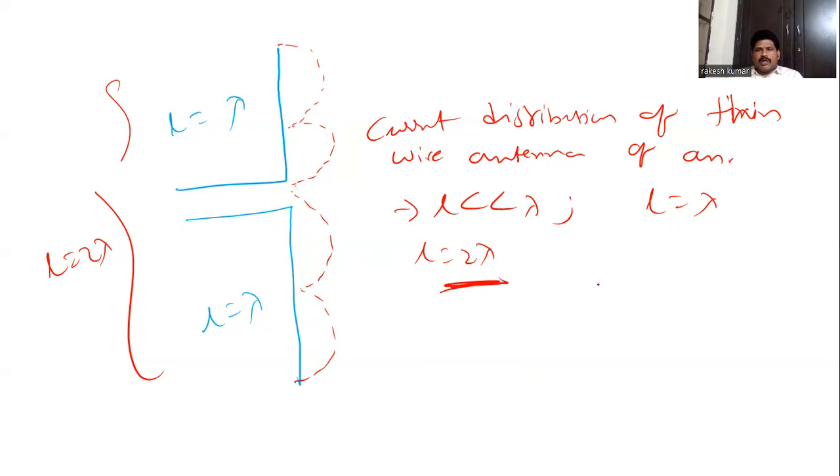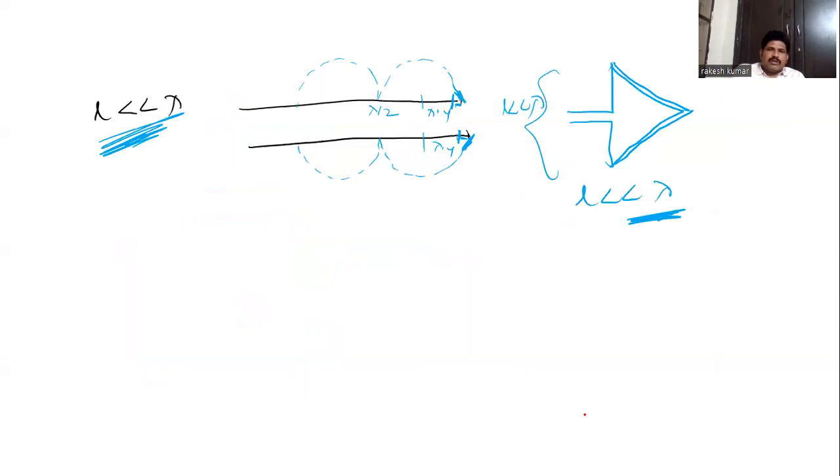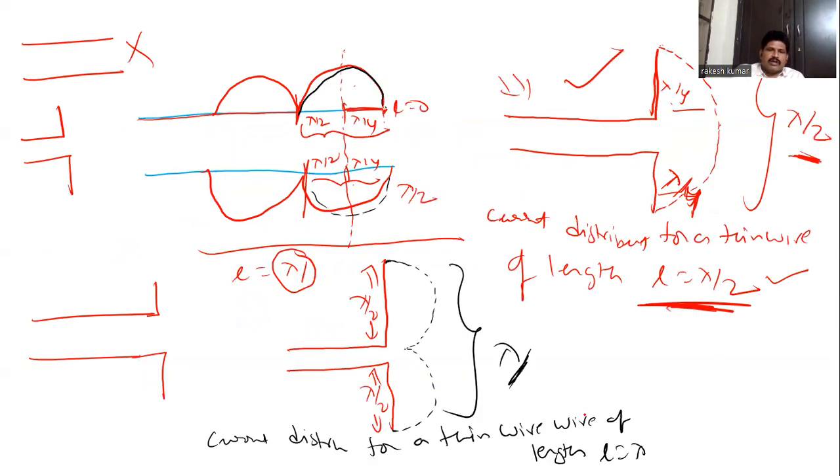For example, if anyone asks you to draw the sketch for L equal to 4 lambda, you bend the antenna like this: this is 2 lambda and this is 2 lambda, total length 4 lambda. This is a very important problem: sketch various current distributions for different cases.